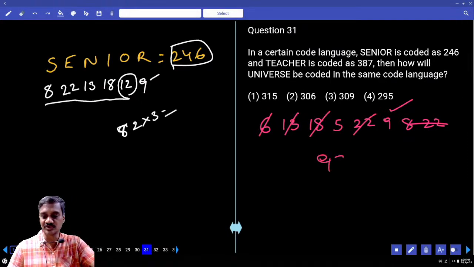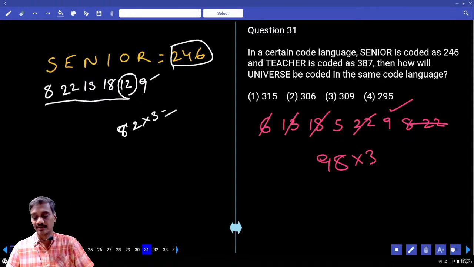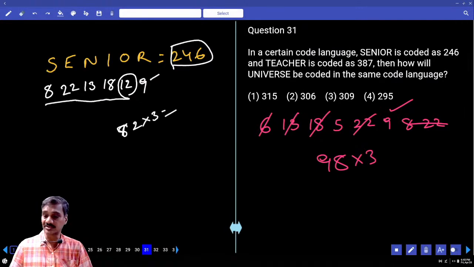Now 98 into 3. Last digit should match, so 98 plus 5, 103. Now 103 into 3, 309, choice 3.